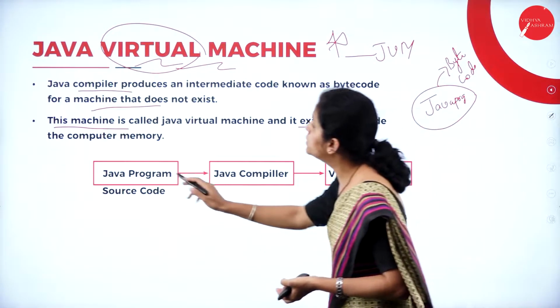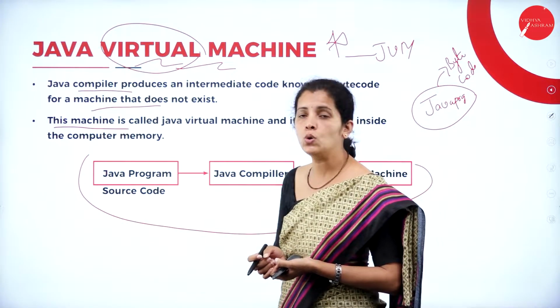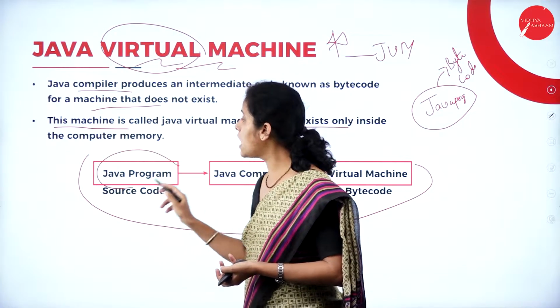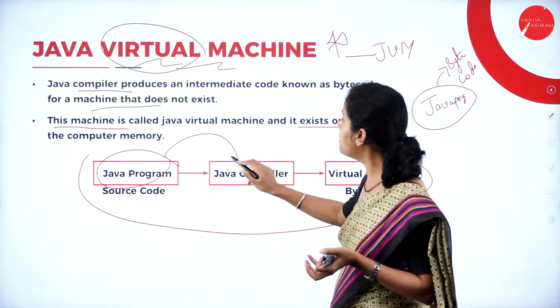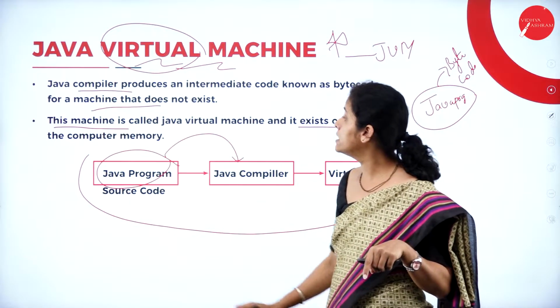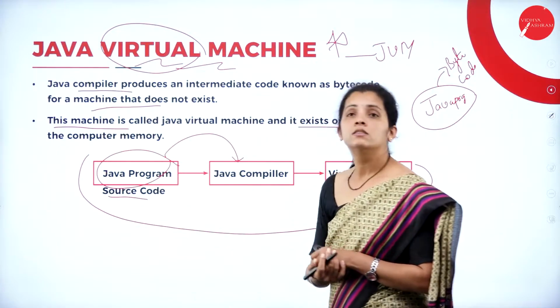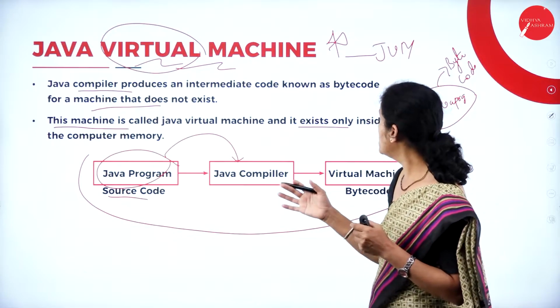Now, let me consider this example. So, what is my source code? That is nothing but the Java program, and this is the input to the Java compiler. Now, what is the job of the compiler?